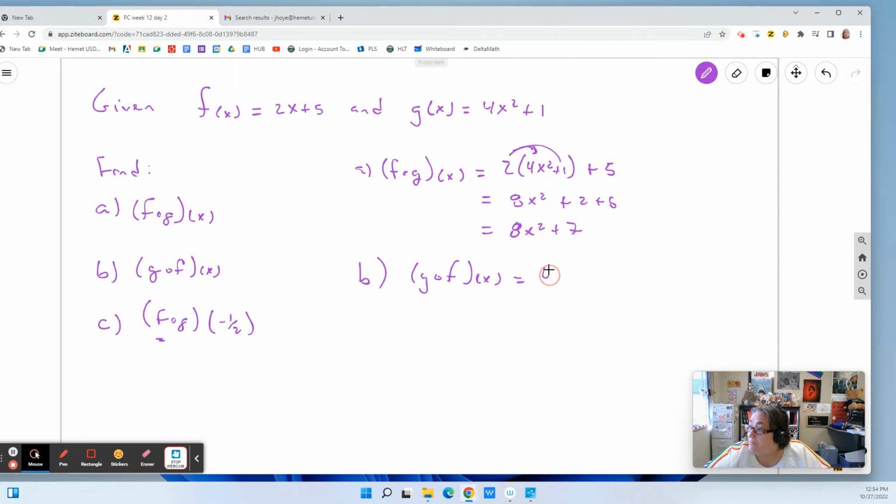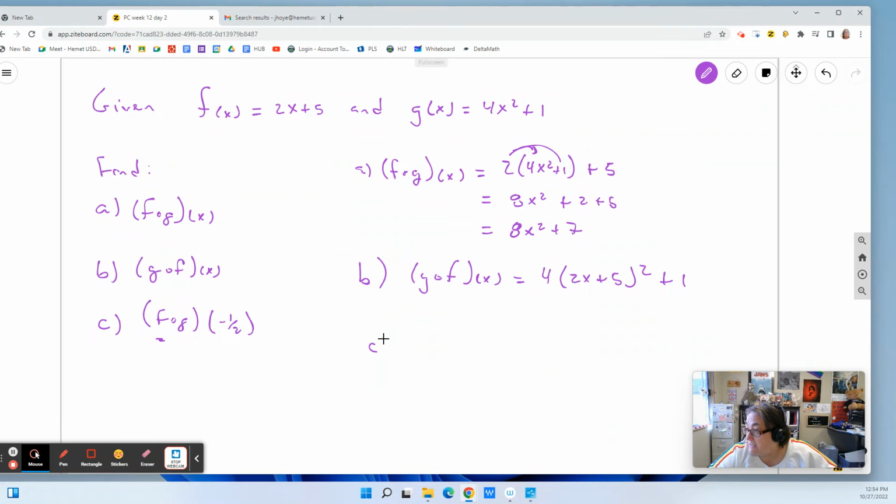So we've got 4x squared, so I'm going to have 4 times 2x plus 5 squared, plus 1. I'm just going to leave it like that for now because I'm not plugging anything into it. I can multiply out those squares if I want to, but I don't want to.